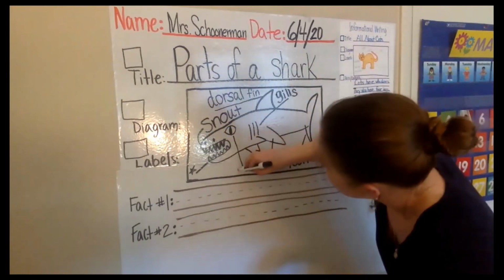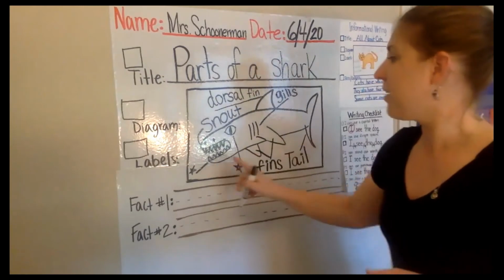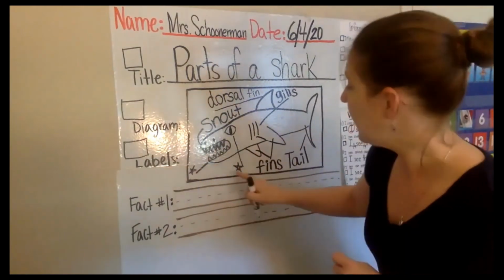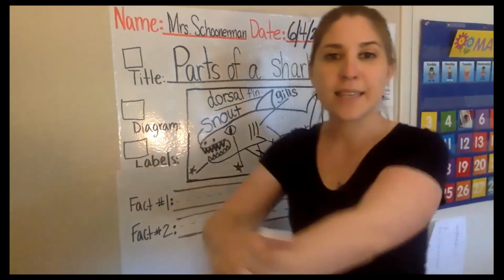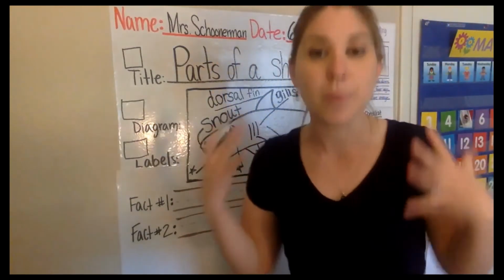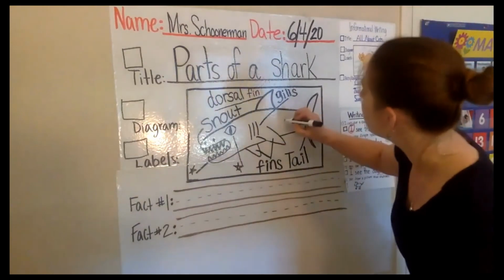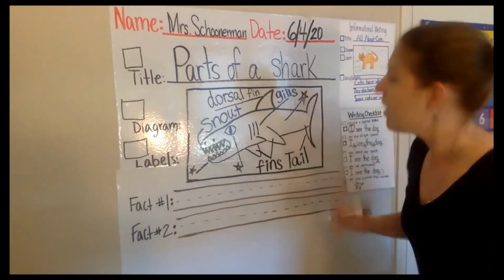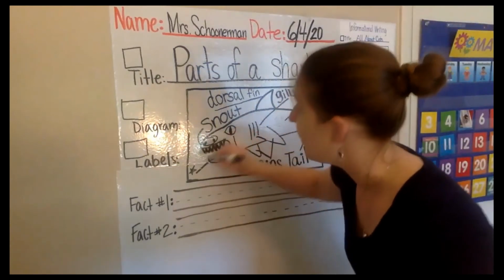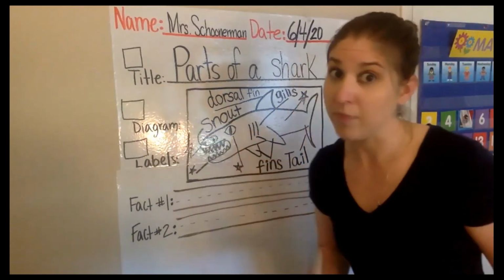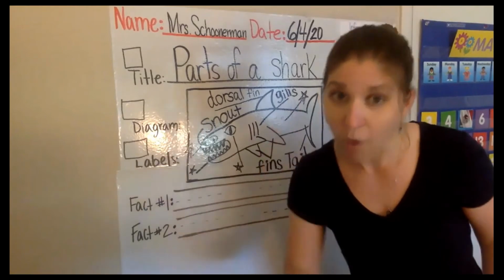No, that's your challenge. Okay, so label teeth, label eyes, and then I want you to label skin, because the shark has skin. So I want you to label just the skin. And if you're feeling real good today and you want to try to add a label for the nostrils, then you go for it. You go above and beyond.